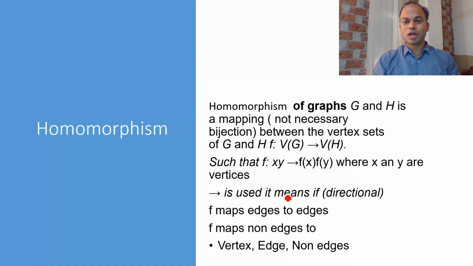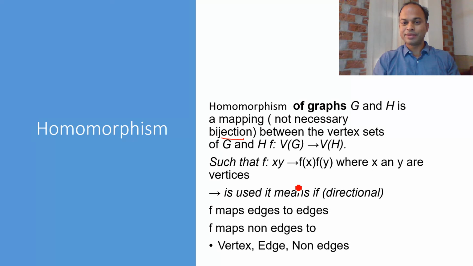Now when we talk about homomorphic graphs, the definition is almost the same, but here we have only one difference: we don't need a bijective function. I mean, a bijective function may or may not be there, it is not necessary. The remaining concept is the same as for isomorphic graphs.